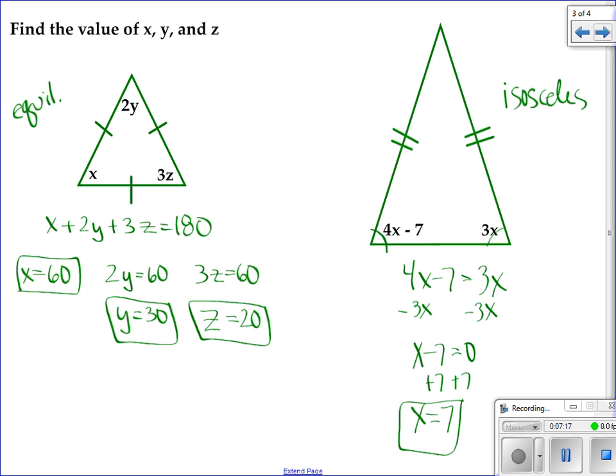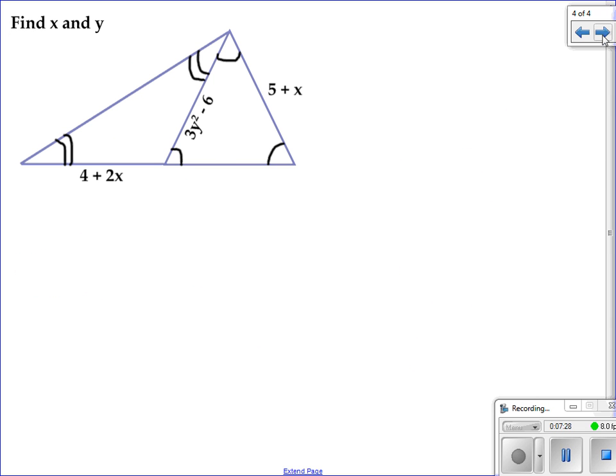We got one example left. All right, let's look at this one. We have 2 triangles. They share a side. What kind of triangle is this? We know that all 3 sides are the same.